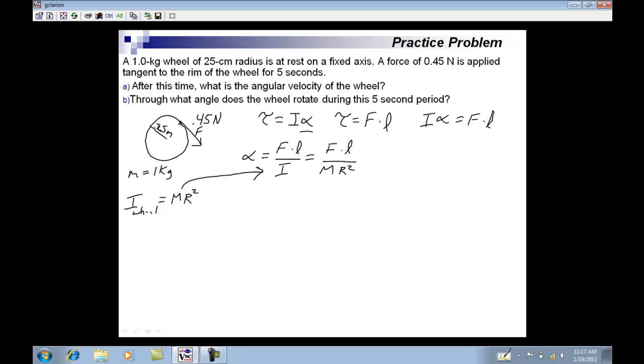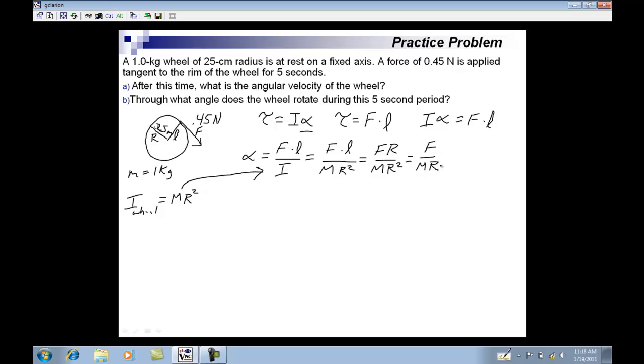If it's perpendicular to that, my lever arm is going to be that length, which is the same as my R. So I can replace the L with R. I got R over mr squared. So that'll just give me F over mr.